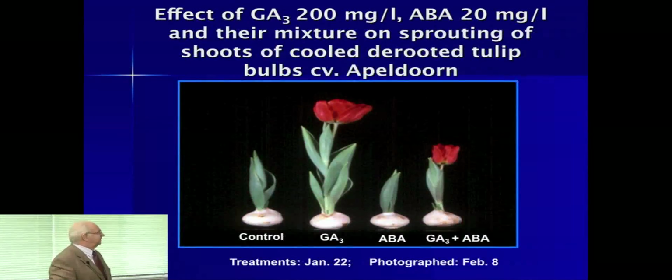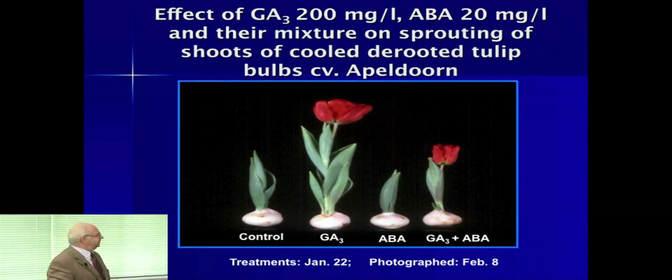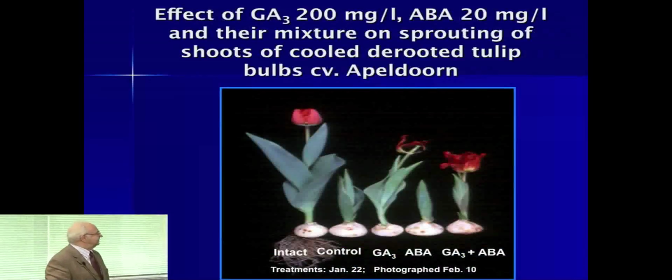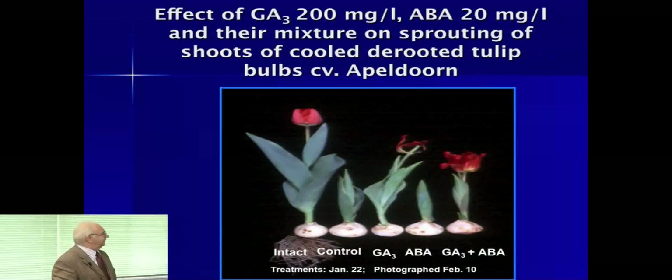Next step, later stages with GA3, and here ABA also has some inhibitory effect, inhibiting GA action. The next stage, control over floweret. This is mid time of flowering.